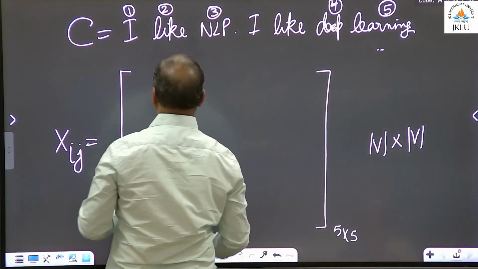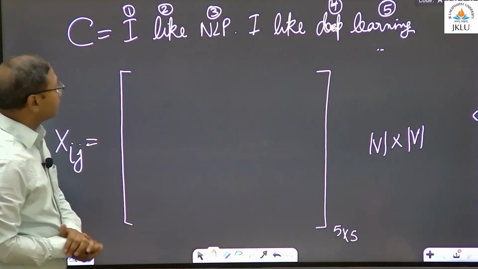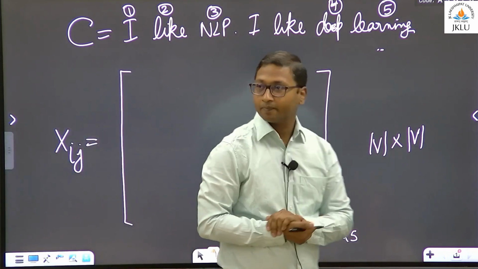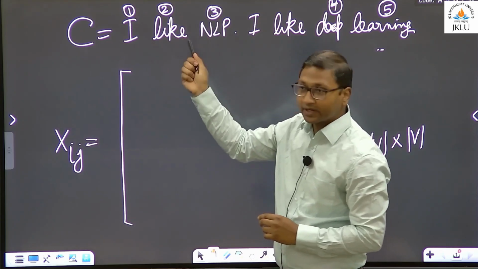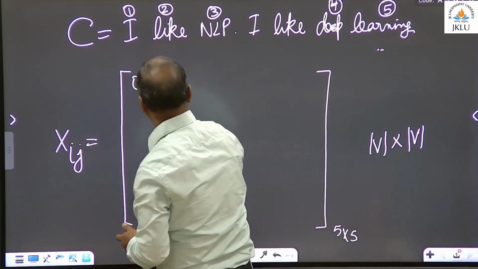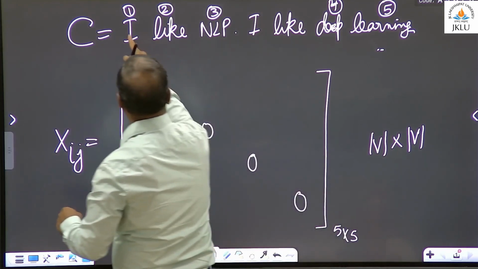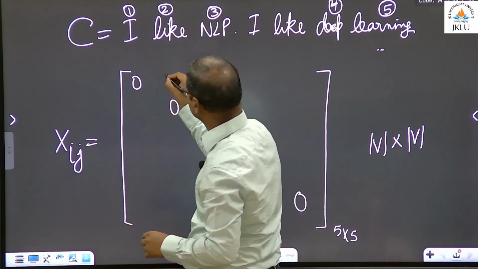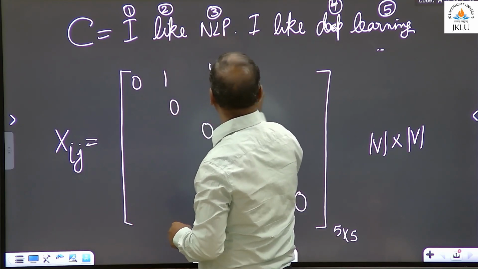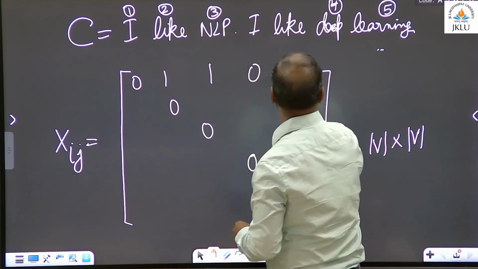Now I appears in the context, now it's much better. Let me first put all these as zeros. Now I appears in the context of like, 1 in the context of NLP, 1, 0 and 0.